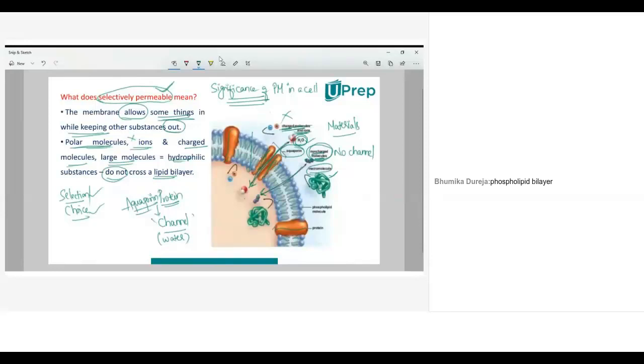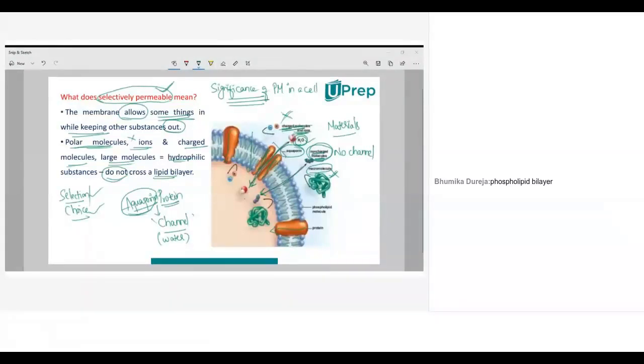We can understand that some protein channels are needed for the movement of water molecules. Such protein channels are called aquaporins. Charged molecules and macromolecules need some other mechanism; they are not easily transportable into the cell. This is all about the first functional aspect of the plasma membrane.